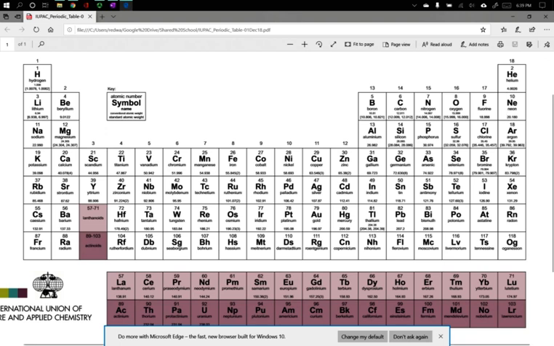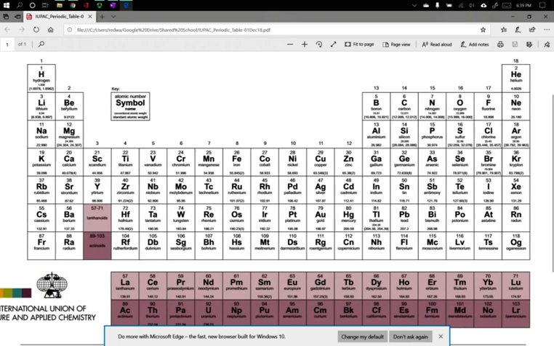Just count the columns. If we look at oxygen, there's lithium for 1, beryllium for 2, boron for 3, carbon 4, nitrogen 5, oxygen 6. It is the 6th element in its row. Therefore, it has 6 valence electrons.